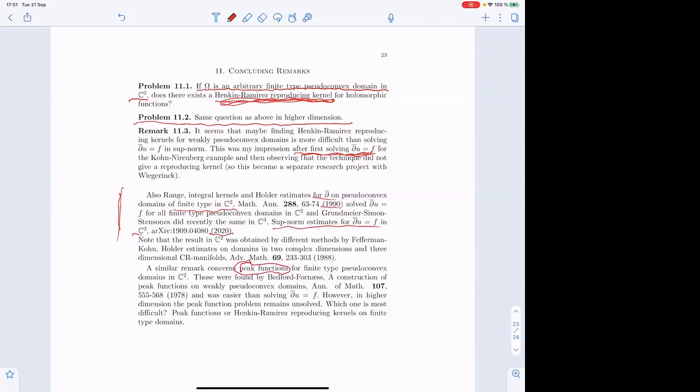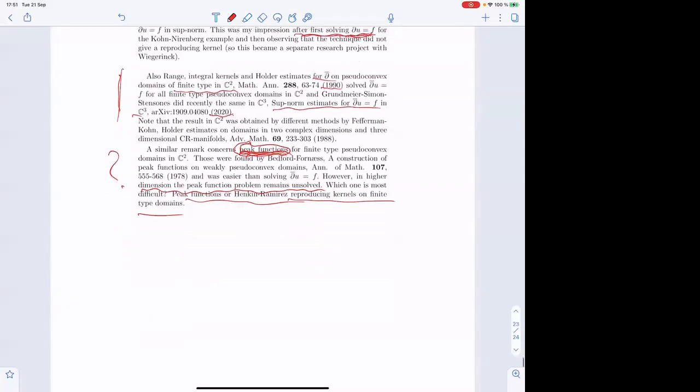I should say this was done with Bedford before solving d-bar. It was easier than solving d-bar. Peak functions were the easiest problem, easier than d-bar, easier than Henkin-Ramirez. But in higher dimension, the peak function problem may still remain unsolved in C3 and higher. So which one is the most difficult one? Is it the peak functions, the Henkin-Ramirez reproducing kernels, or d-bar? Anyway, I'm out of time, so I'll stop here.